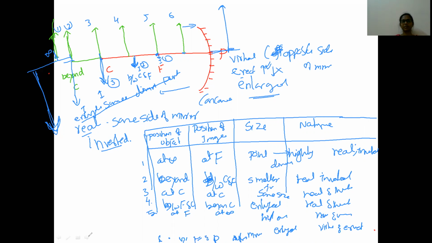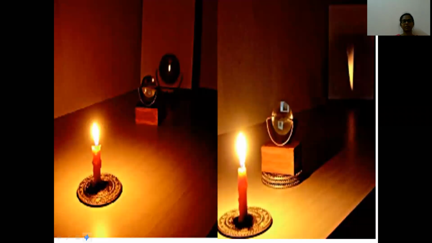Okay. Now try to understand whatever we learned so far. See, practically, if you do it in a laboratory, how it will come.